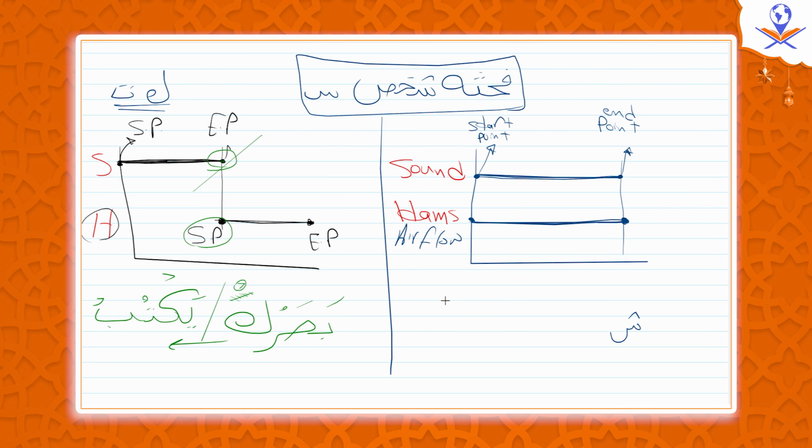So look at ta, it's like at. Some people apply the hams of the ta like seen. They say at, at, at. No, this is seen now. It's like a little seen. No, hams is airflow. At, like this.